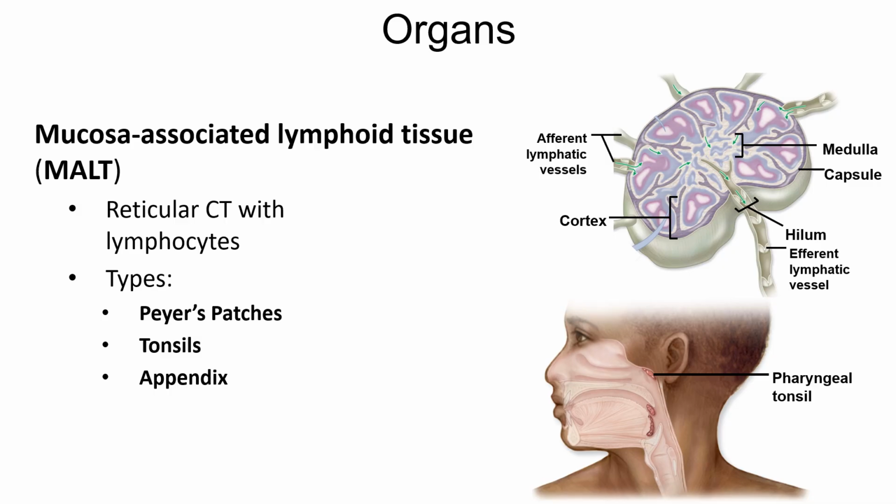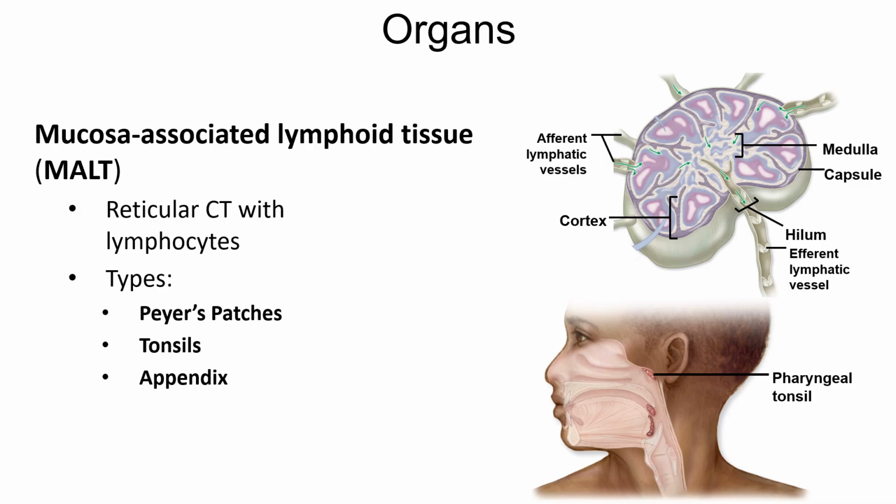So where are you going to find this specific tissue? In places where there are openings into the body from the outside world, okay? So in places like the digestive tract, think about your nose, the respiratory tract, the urogenital tract, okay?